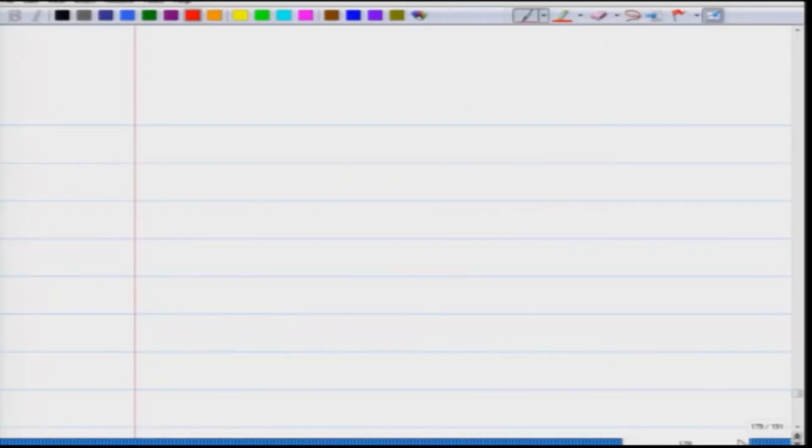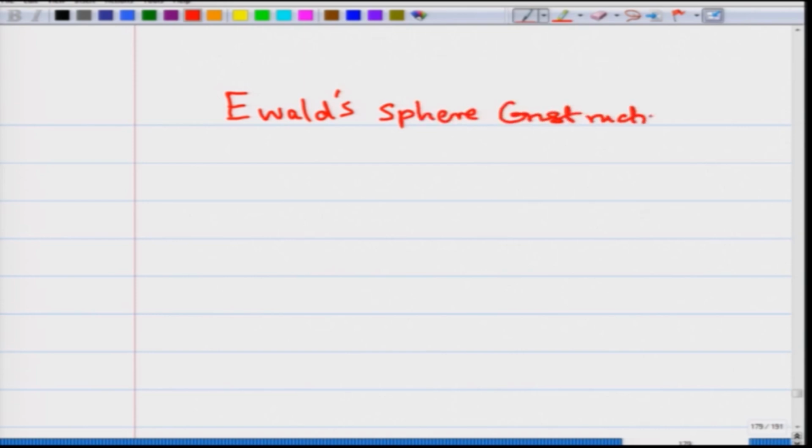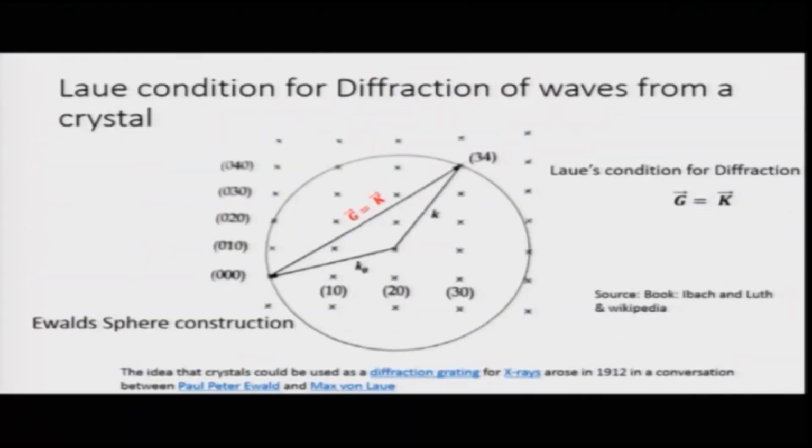That was the Ewald sphere construction, which gave the interpretation to Laue's condition, k is equal to G. For that I would like to show you the following slide.